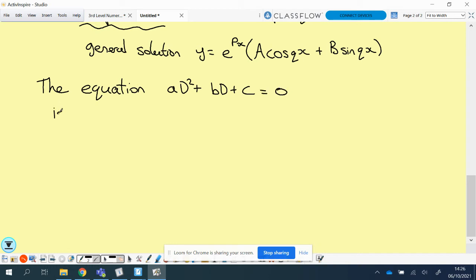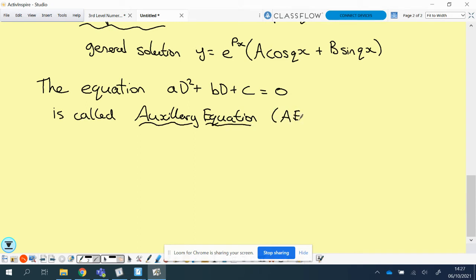This is called the auxiliary equation, which is denoted AE. That's what we need to do at the start of every question: work out the form of the auxiliary equation and use that to get our roots.